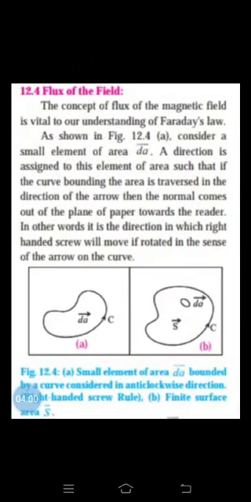So it can be generalized to define flux over a finite surface S. The second diagram stands for the finite area S. We have to remember that the magnetic field B bar will not be the same at different points within the finite area.